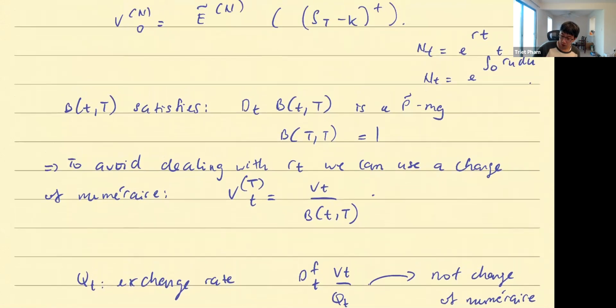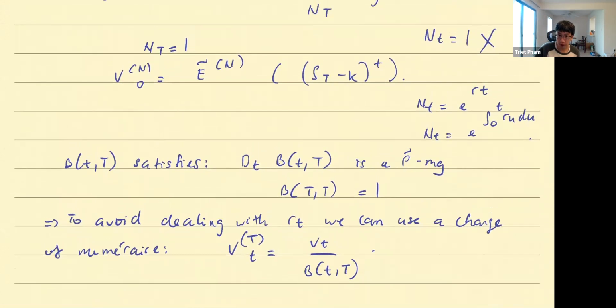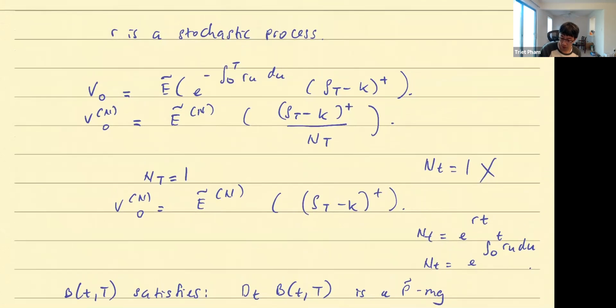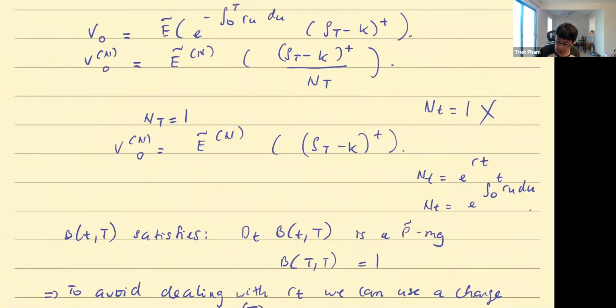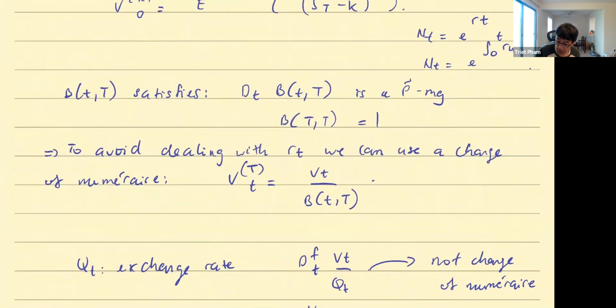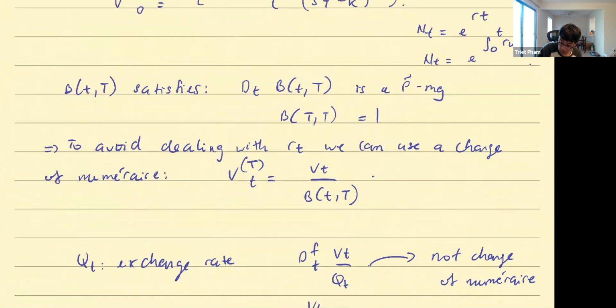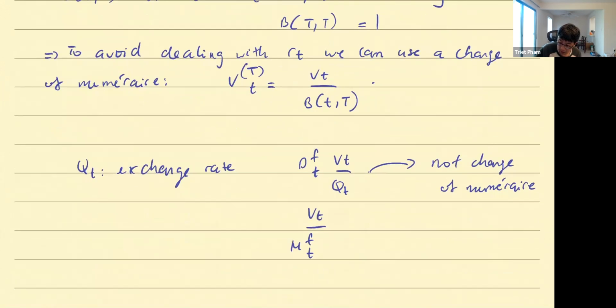All right. So now, going back to this new fancy thing I'm trying to introduce: in the setup where the interest rate is not constant but stochastic, if you use the numeraire that is the bond, then in terms of pricing something beautiful happens. Let me write down here.